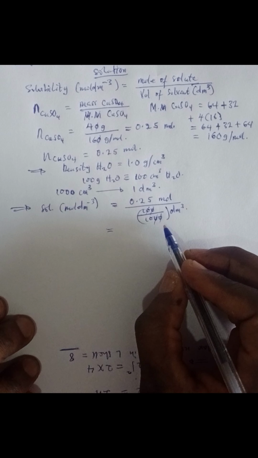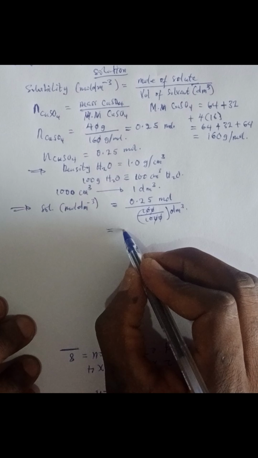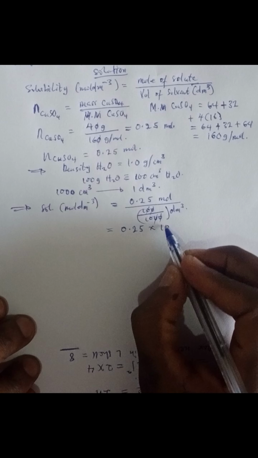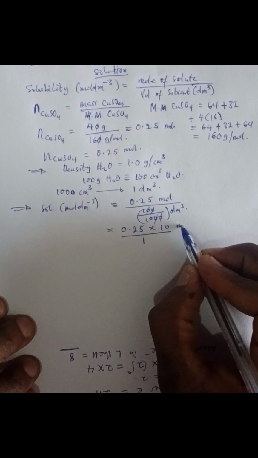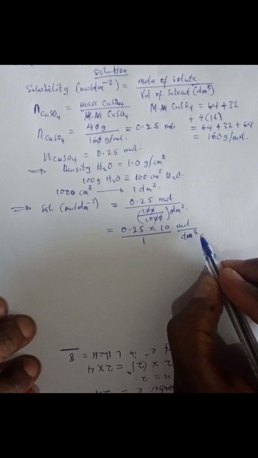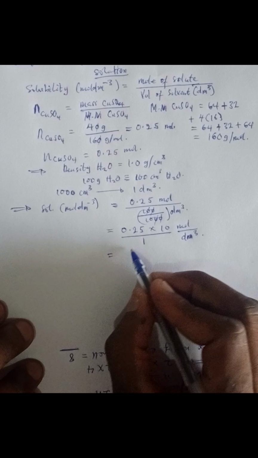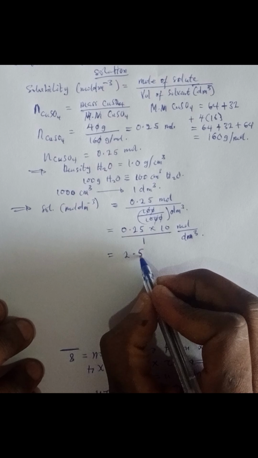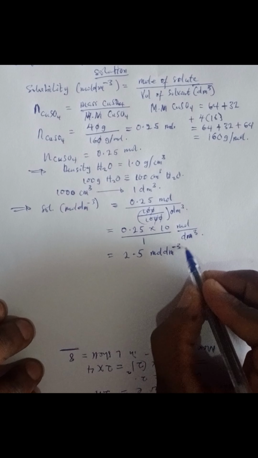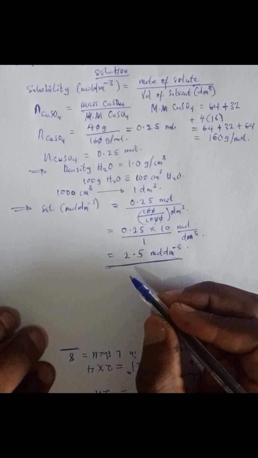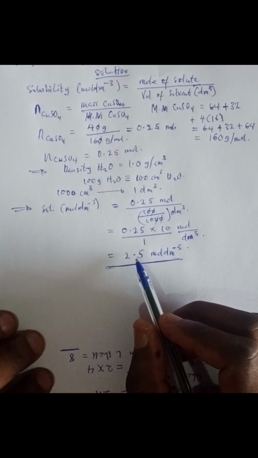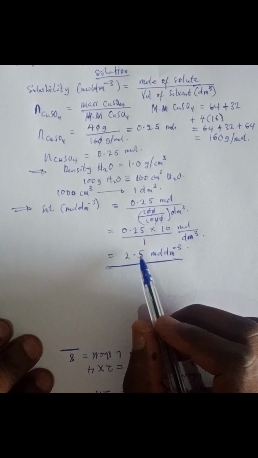That will be 1 over 10, and that would become 0.25 multiplied by 10 mole per dm cube. So finally, we now have 2.5 mole per dm cube. This is the solubility of copper sulfate, of 40 grams of copper sulfate that will be dissolved in 100 grams of water.